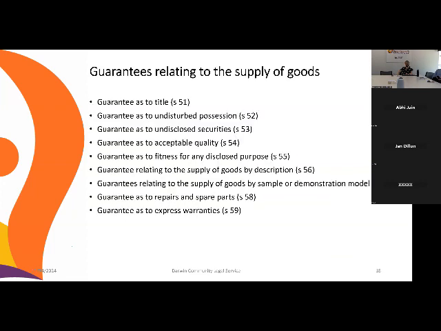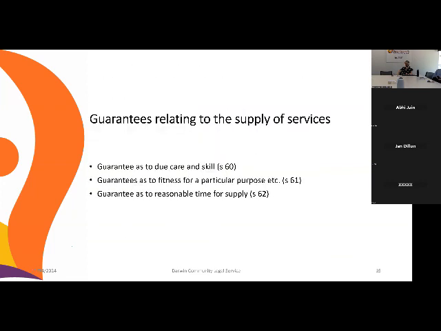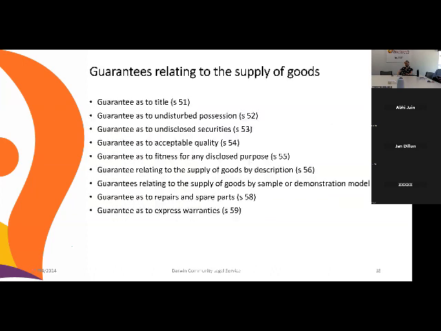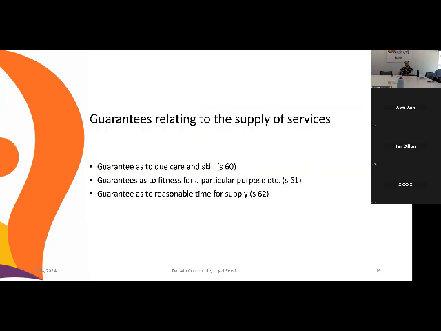Now, obviously, with a lot of these things, it's going to bear on the facts of the case, because what's reasonable, people will have competing evidence about, for example, what's a reasonable time for supply of certain services, and it may differ depending on what services they are specifically.